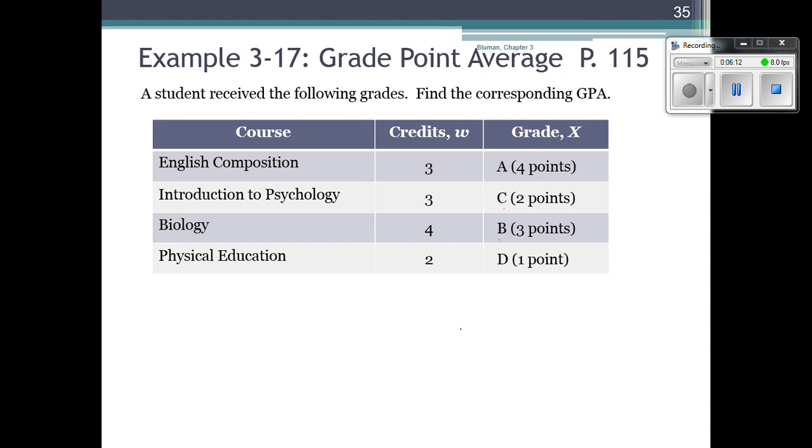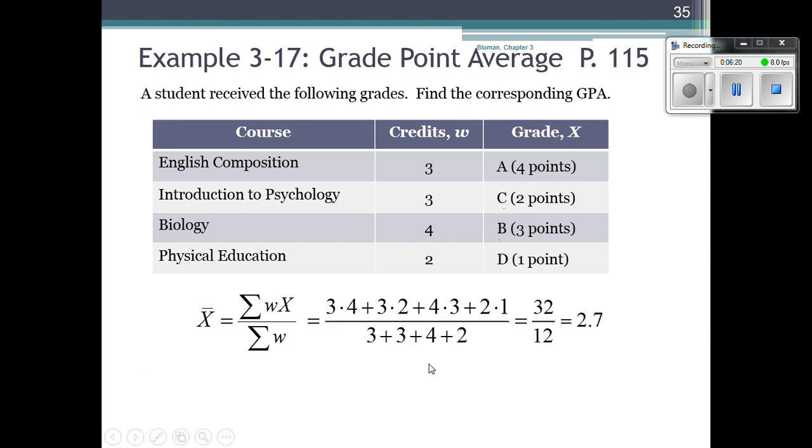So when we're calculating this, remember, we're going to take all of our weights times each value, add them all up. So we're taking our 3 times 4, 3 times 2, 4 times 3, and 2 times 1. We're doing that right down here. And then we're going to add all of them together, and you get the number 32.